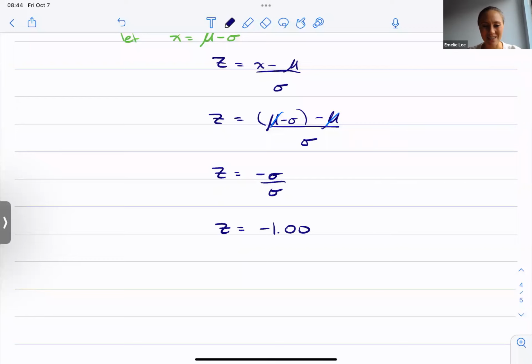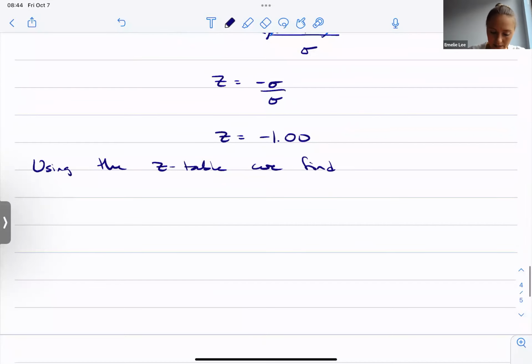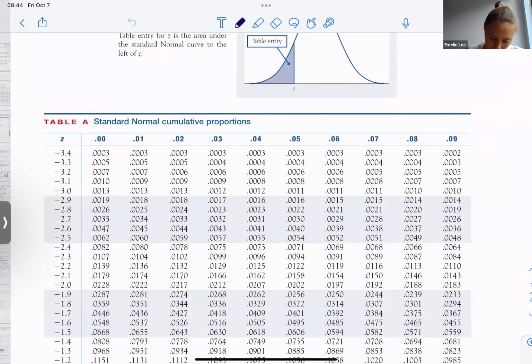So now using the Z table, I can go and find Z, which is negative 1 even. So using the Z table, we find what?